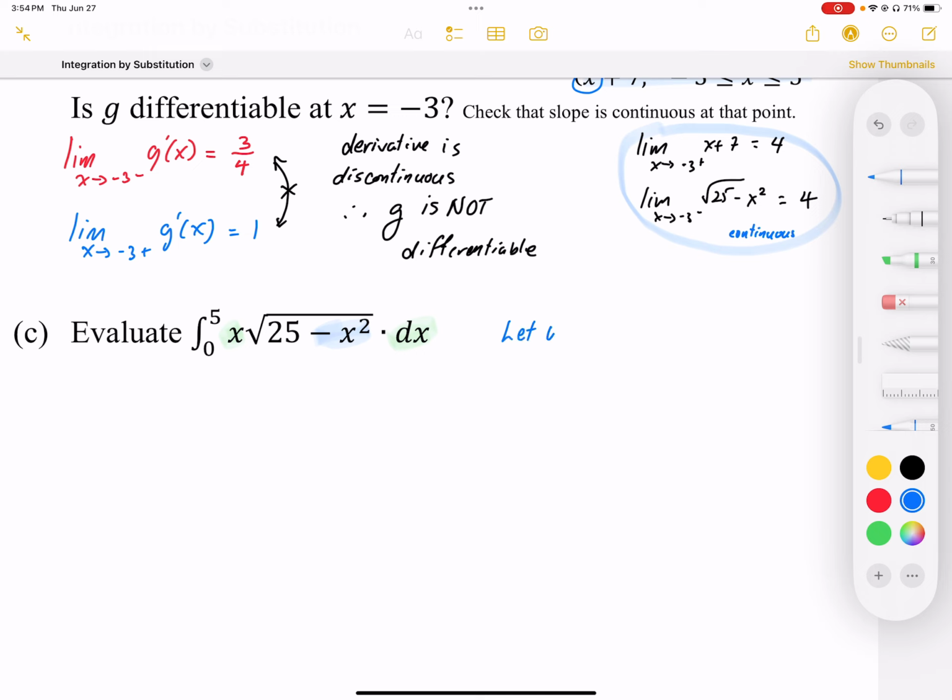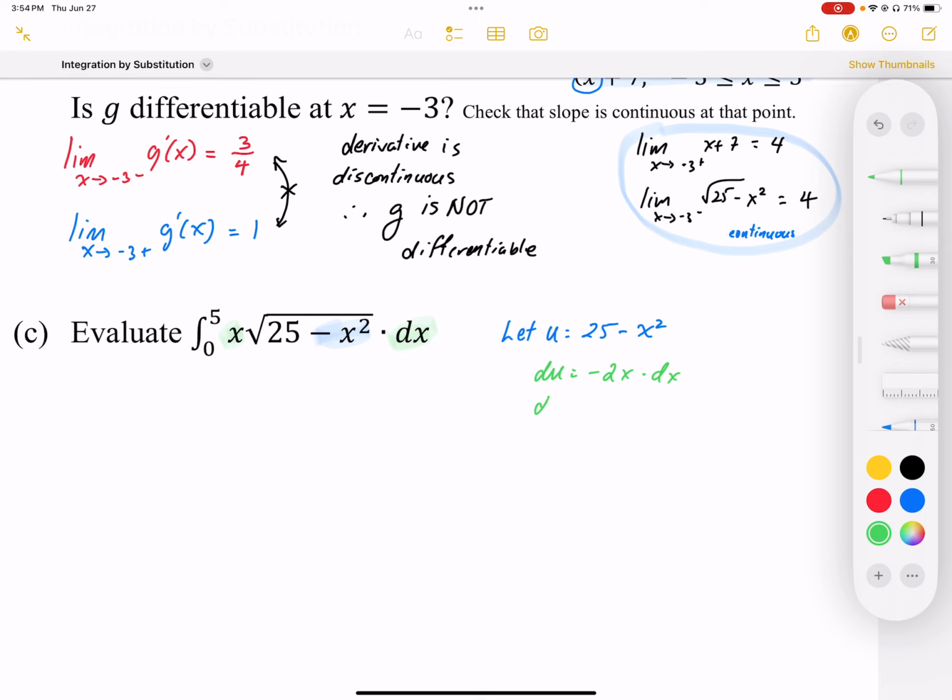So we're going to let u equal negative x squared. In fact, let's let this be equal to 25 minus x squared because that constant is easily accounted for in the derivative. And the du becomes negative 2x times dx.